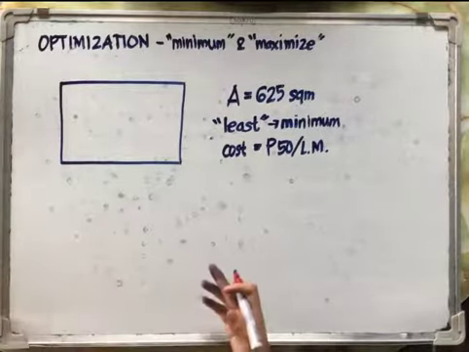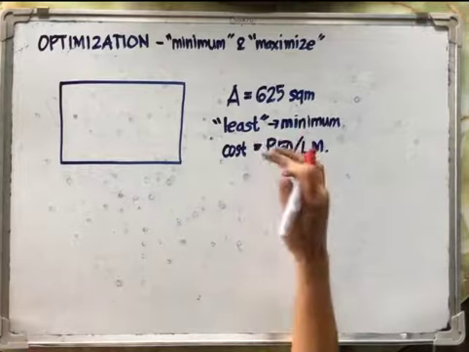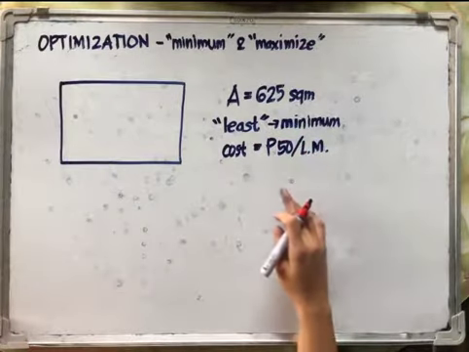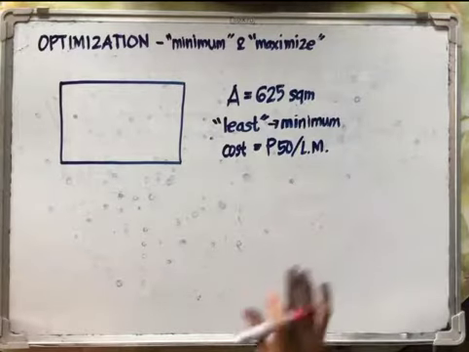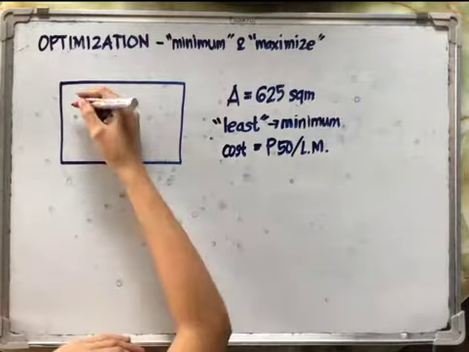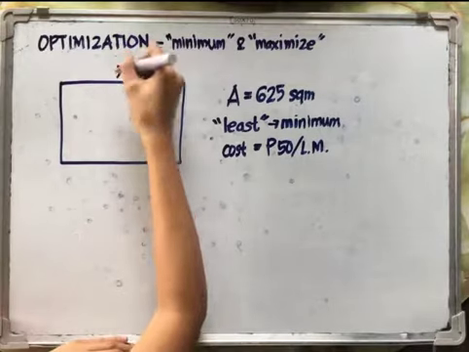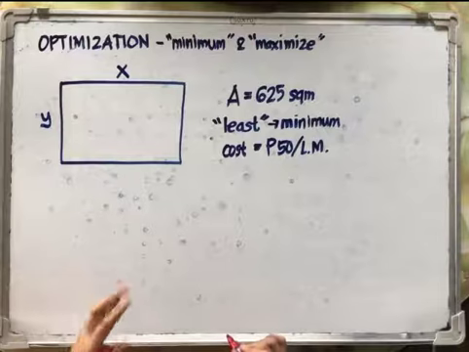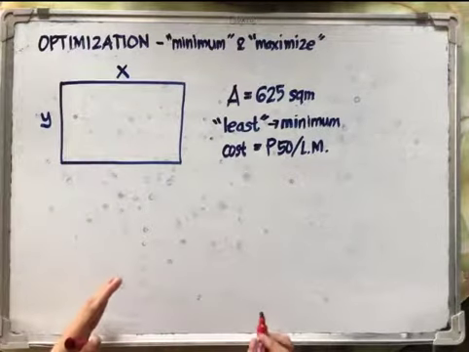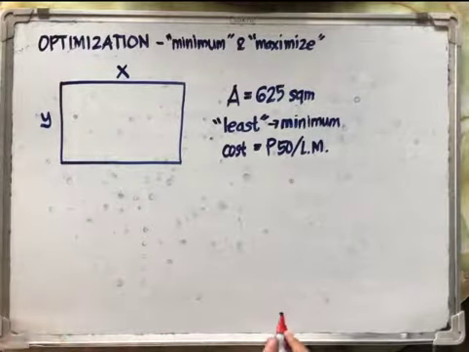We don't actually know it kasi sabi niya, the least dimension daw ang hinahanap natin. So I'll set this one as my x and this one is my y. Yan yung hindi natin alam. Yan yung hahanapin natin.